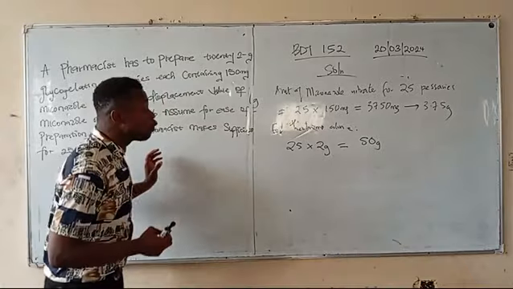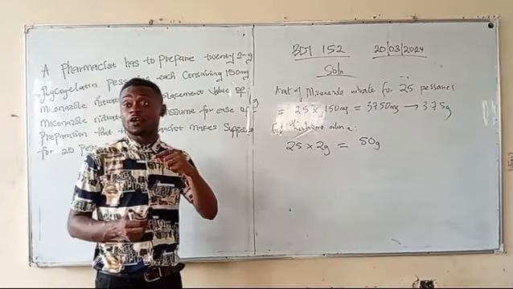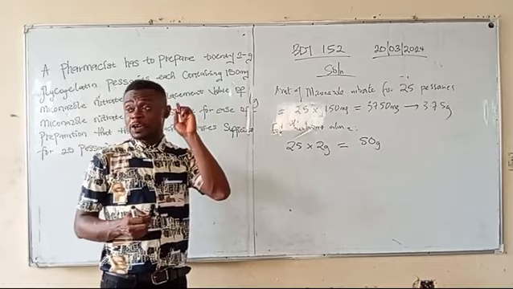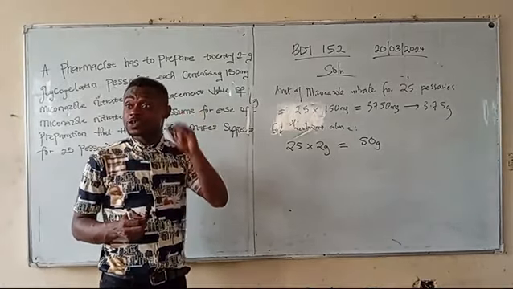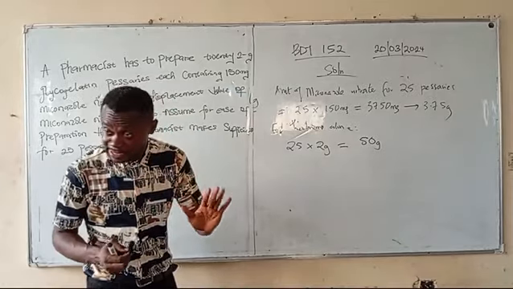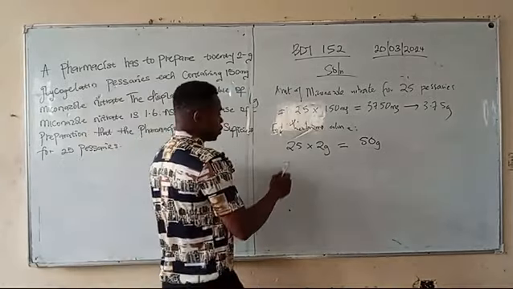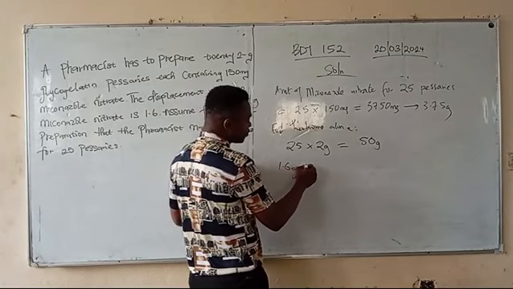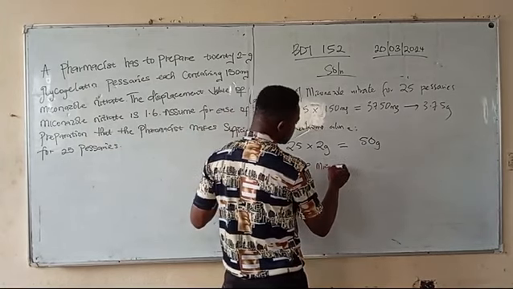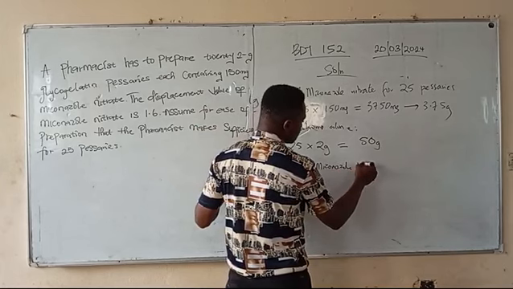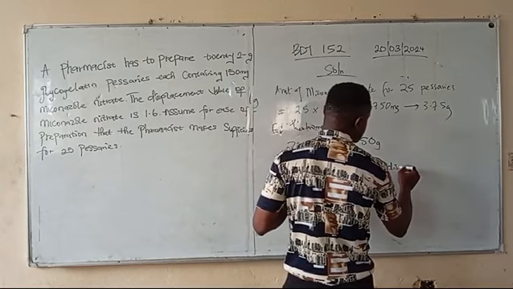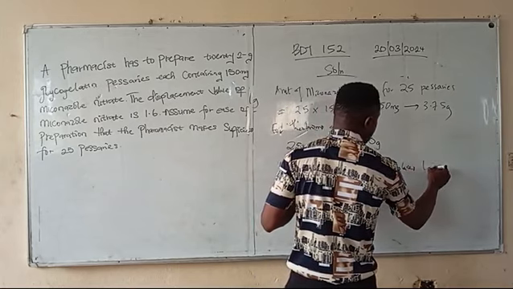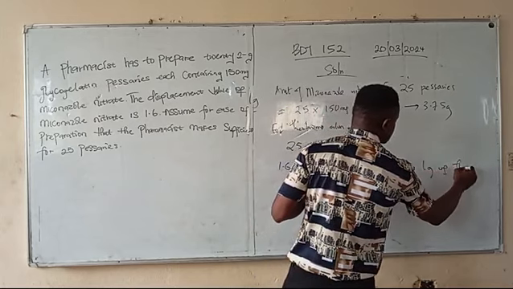Now let's go. So what it means is that 1.6 gram of miconazole nitrate will displace 1 gram of theobroma oil. Agreed? Good. So remember that 1.6 gram of miconazole nitrate displaces 1 gram of theobroma oil.